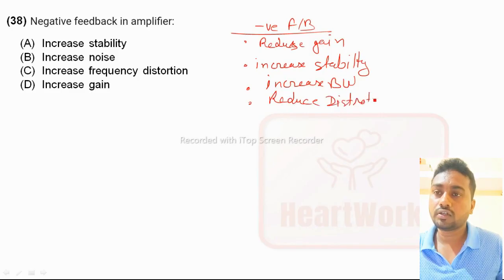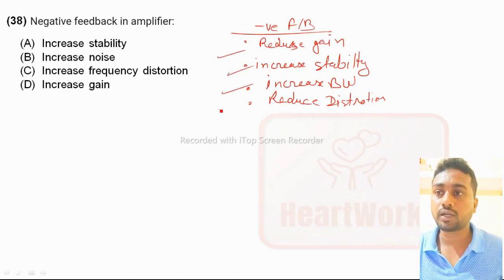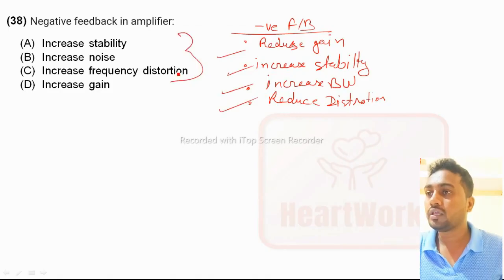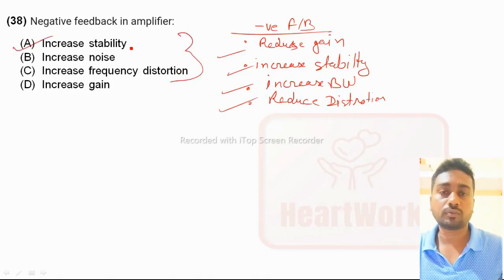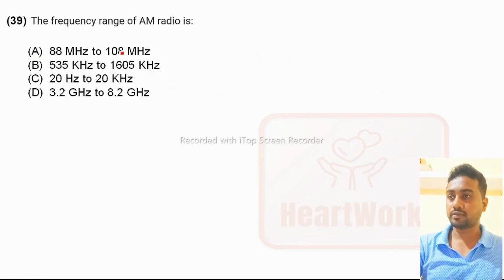So in a negative feedback amplifier, it reduces gain, increases stability, increases bandwidth, and reduces distortion. In this option, only increased stability is given. So option A is the right answer.